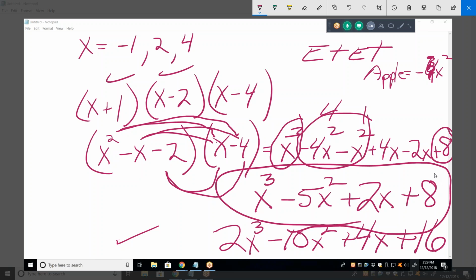Any multiple of that also has those zeros. Notice that I could have 9 times that, and if it's equal to 0, I can divide both sides by 9. That's what they mean by least degree: the coefficient is equal to 1 in the first term.